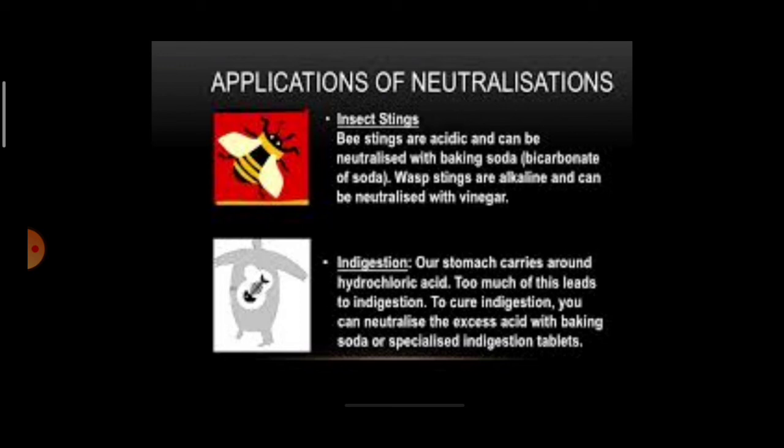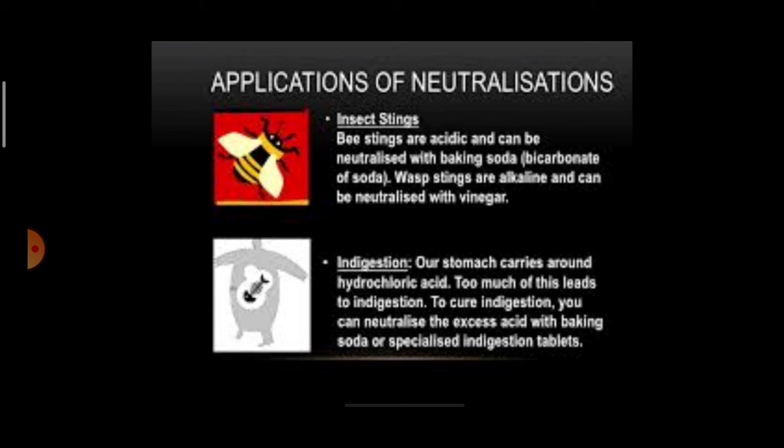Another important thing is indigestion. It often happens to us that our stomach becomes acidic and indigestion occurs. Why is it so? As we have said, our stomach has hydrochloric acid.